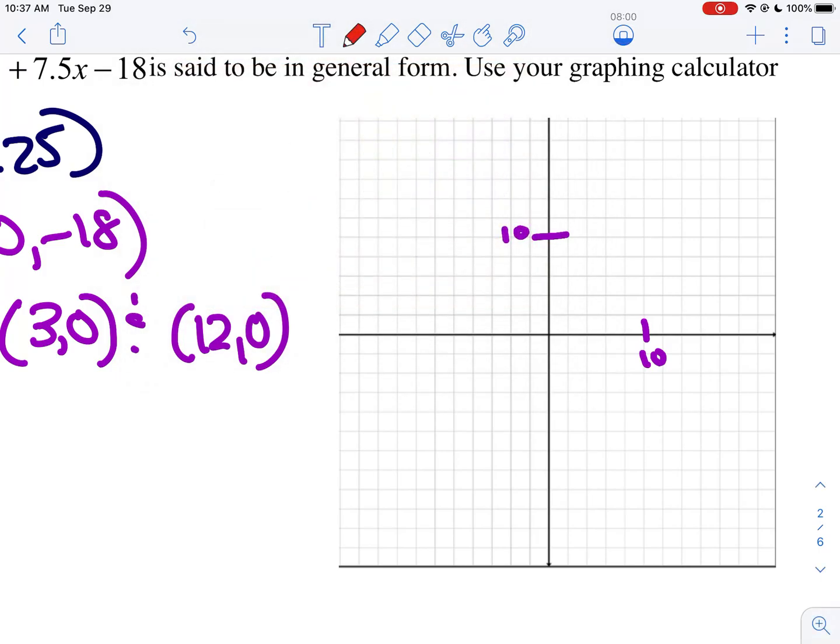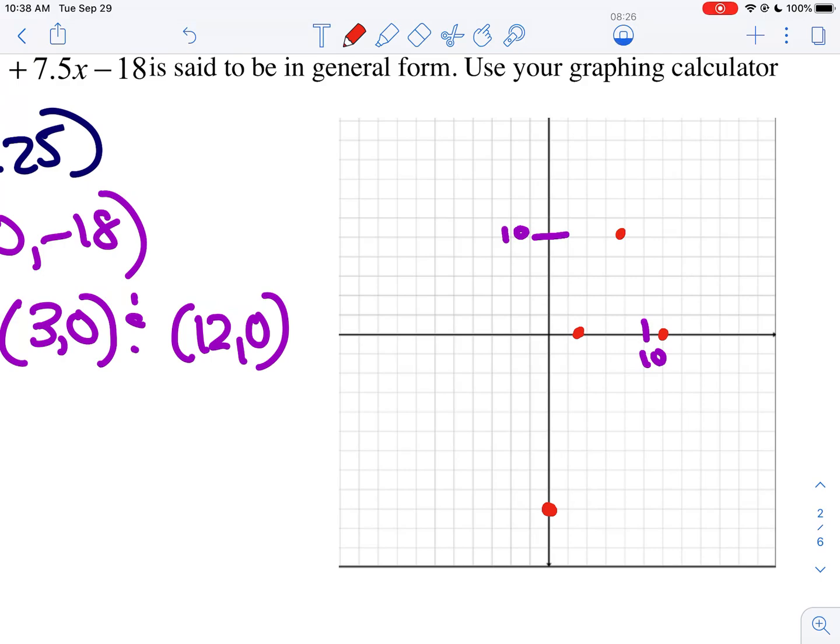So then I have the y-intercept, 2, 4, 6, 8, 10, 12, 14, 16, 18. So there's my y-intercept. Then 7.5, that's going to be really close to the 8 and up, just a teeny tiny bit over here. Then I've got my (3, 0) and (12, 0).